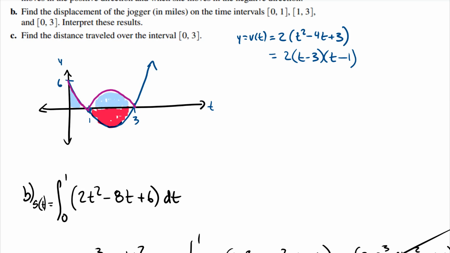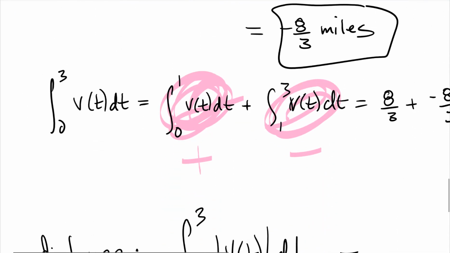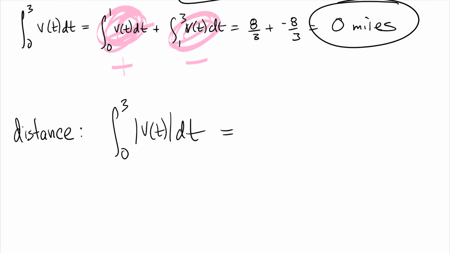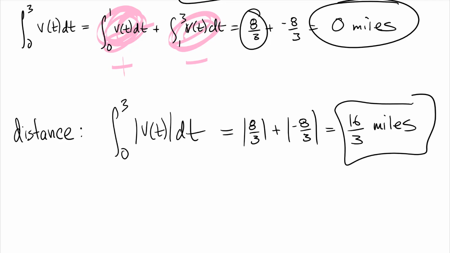So all we have to do is find where the intercepts are. Anything that's in the negative region, we're just going to give it a positive. So the total distance traveled would be the absolute value of 8/3 from up here, plus the absolute value of negative 8/3, and that's equal to positive 16/3 miles.